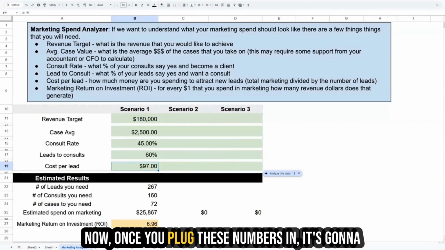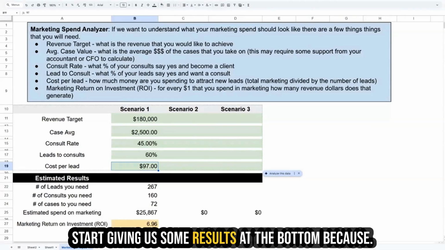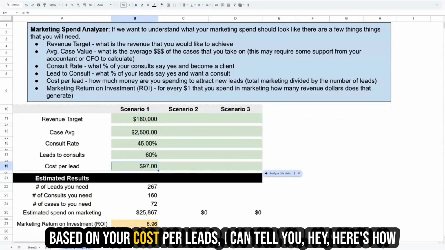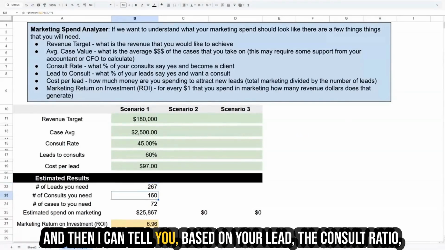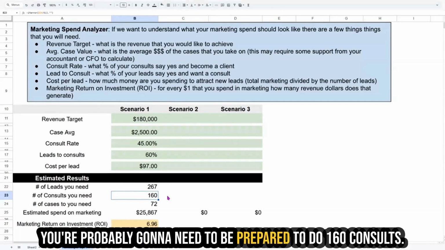Now, once you plug these numbers in, it's going to start giving us some results at the bottom. Based on your cost per lead, I can tell you here's how many leads you're going to need to achieve $180,000 in revenue. And then based on your lead to consult ratio, you're probably going to need to be prepared to do 160 consults.